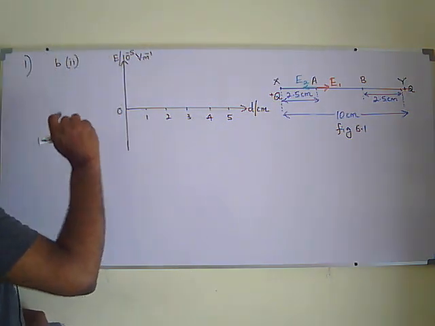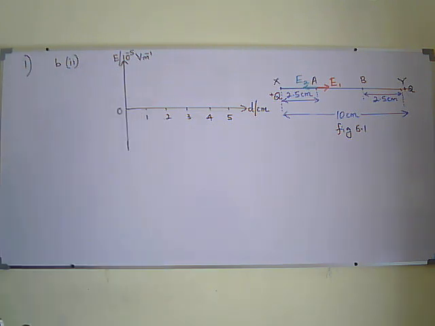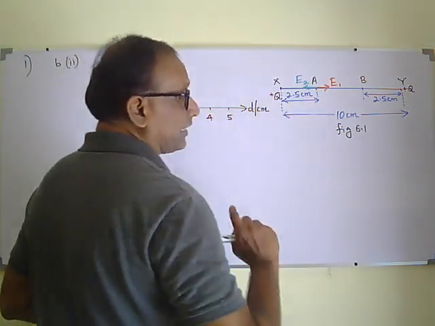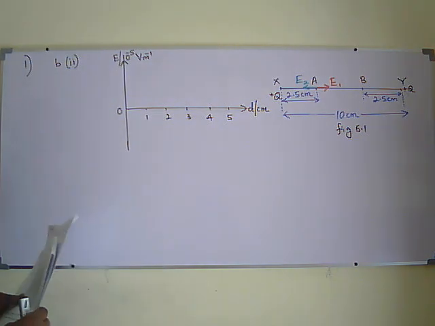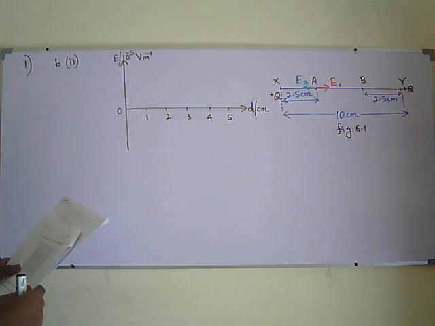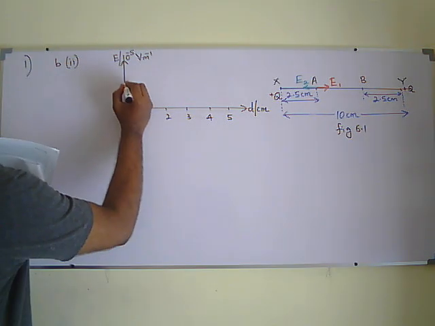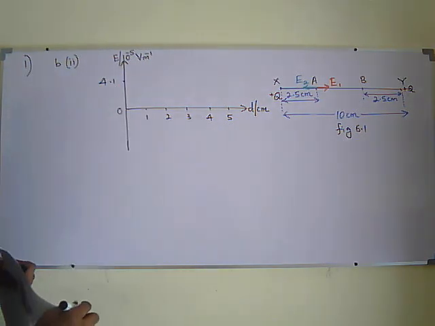So they ask you to draw the shape of the electric field strength variation measured from distance A to B. At A we know the electric field strength that is given in the first part of B part, 4.1 × 10 to the power minus 5. So on the grid you can start from 4.1, and from that you can start the graph.